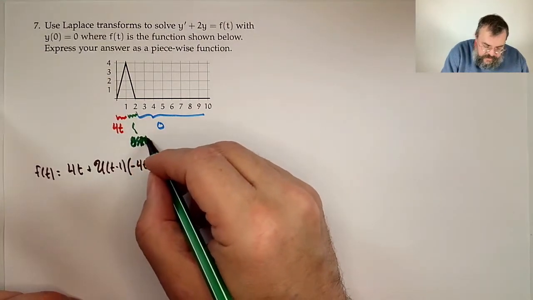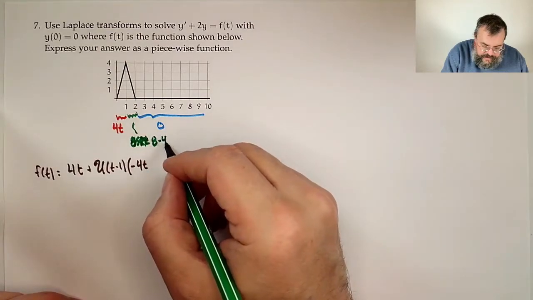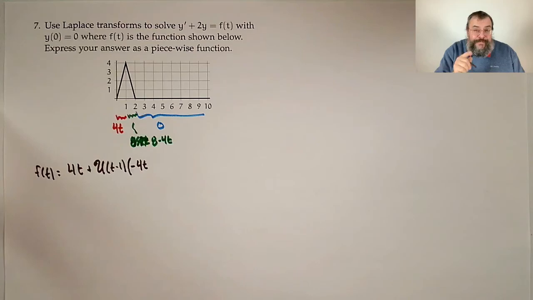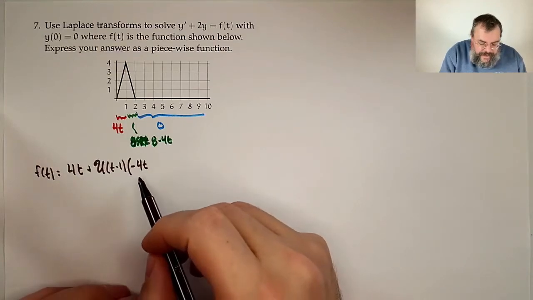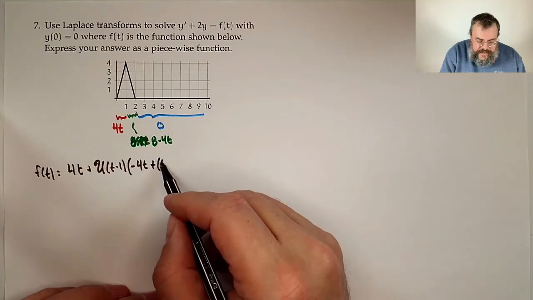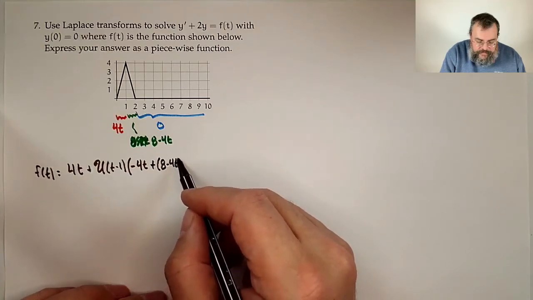I can't believe how many times I make copy errors. And it's okay to make copy errors. Just catch them, right? Catch your copy errors. Okay, so we turn off the 4t, that's why you subtract it. Turn on the 8 minus 4t.